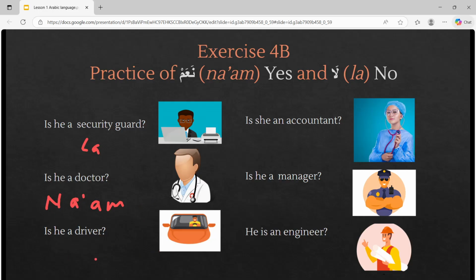Is he a driver? Na'am. Yes, he is a driver. Is she an accountant? La. No, she's not an accountant. She's a nurse. Is he a manager? La. This is not a manager. This is a policeman. شرطي. Is he an engineer? نعم. Yes, he is an engineer. مهندس. So نعم, yes. لا, no. All right.